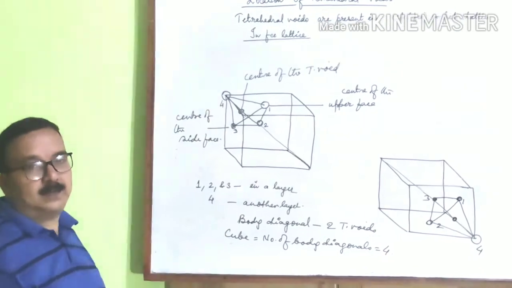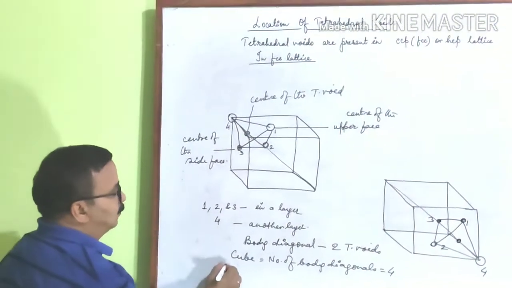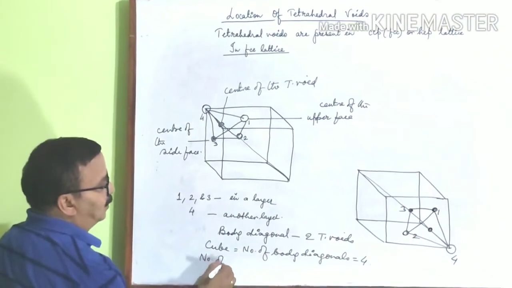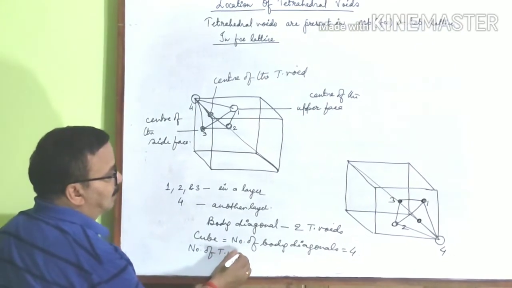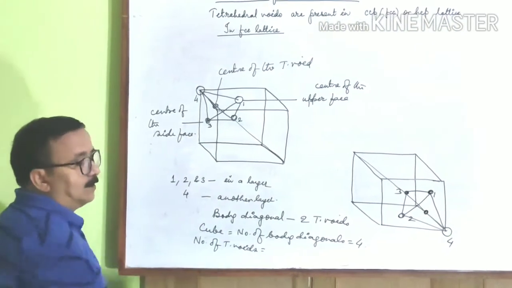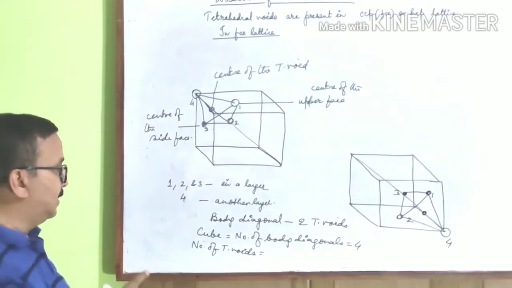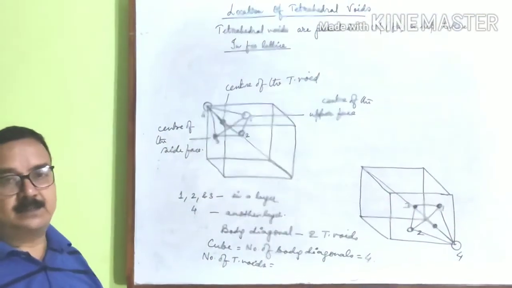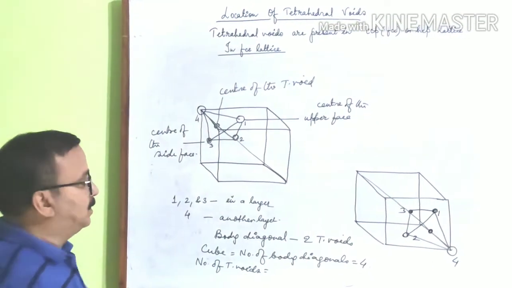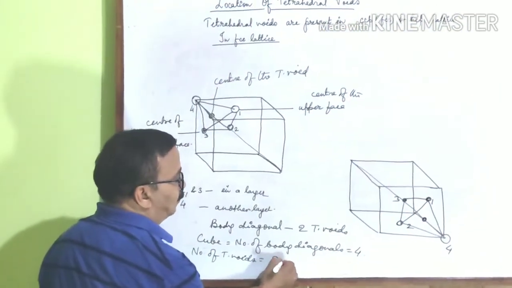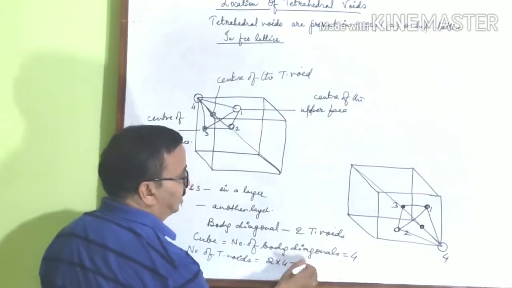So how many tetrahedral voids will be formed? In one body diagonal there are 2 tetrahedral voids, and there are 4 body diagonals in a cube. Therefore the number of tetrahedral voids will be 2 into 4, that is 8.